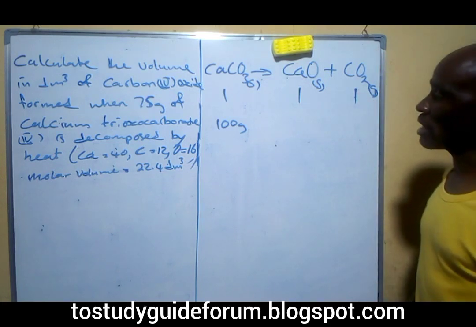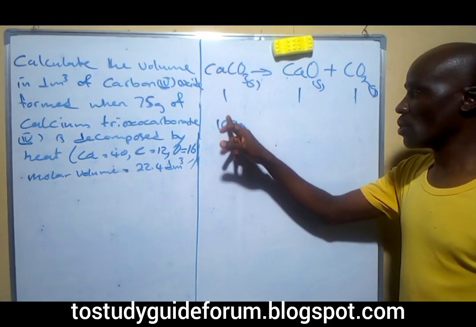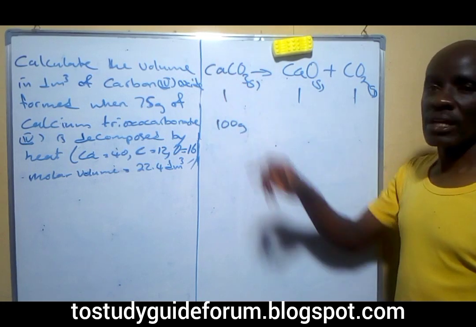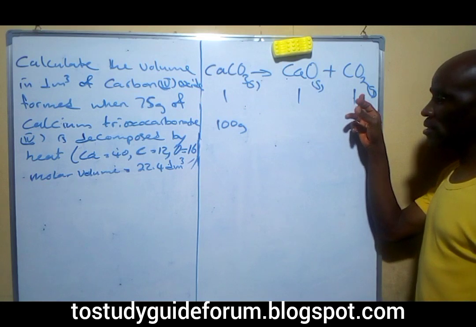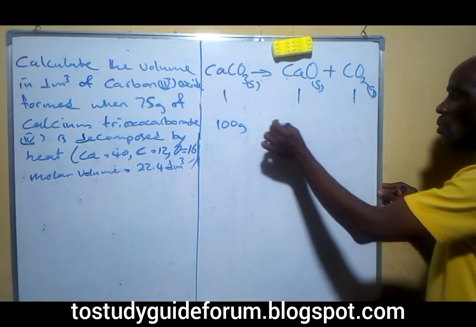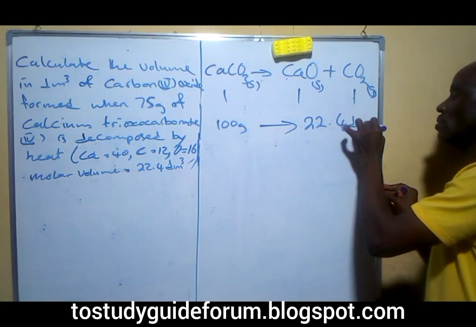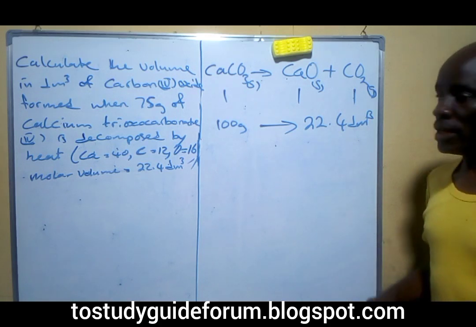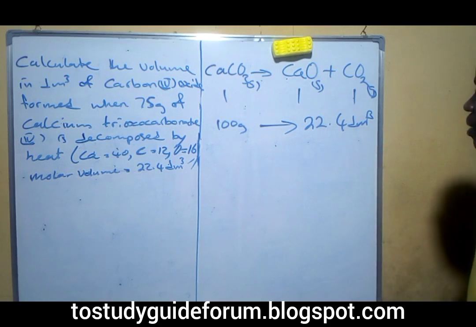So since that is what we need, we know that 1 mole of calcium trioxocarbonate(IV) is equal to 100 grams. 1 mole of carbon(IV) oxide at STP is also equal to 22.4 dm cube. That's what we have based on Avogadro's law.